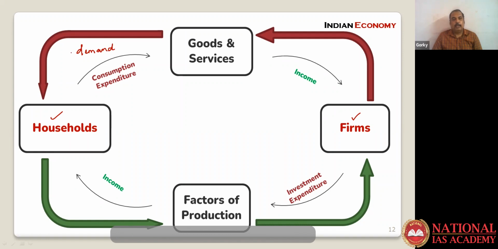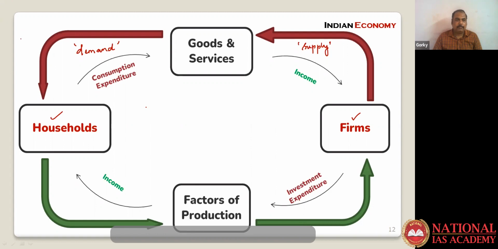Since the households demand, here I'm introducing a word: demand. They demand and they supply. What does demand mean? This is the basic aspect. The entire economy, whatever you learn, lies with demand and supply. First you understand demand.